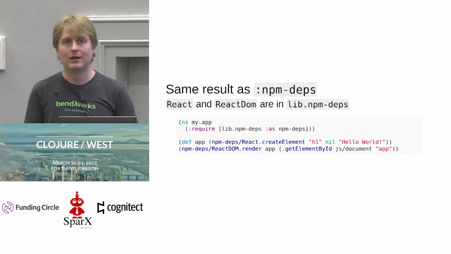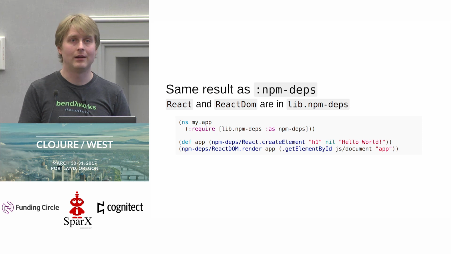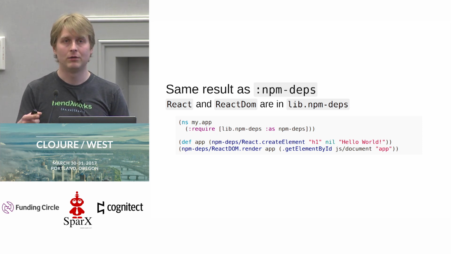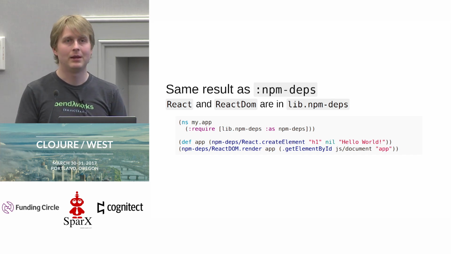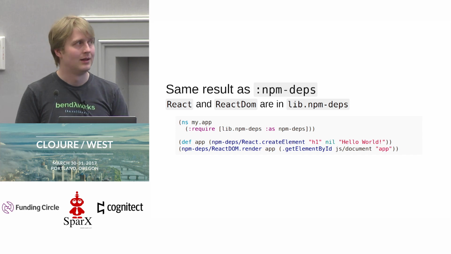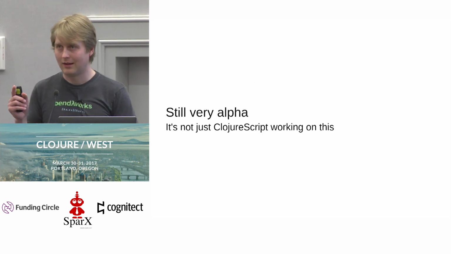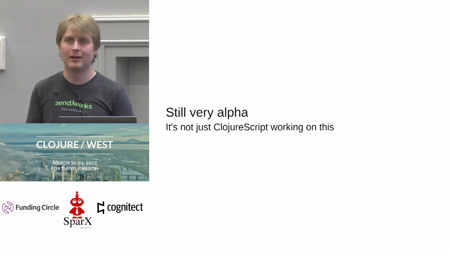The only difference is that React and React DOM are on the root namespace of lib.npm-deps instead of being their own separate namespaces, and that's pretty much the only difference. And this is still very, very alpha, but it's not just ClojureScript developers that are pushing this and working on this.